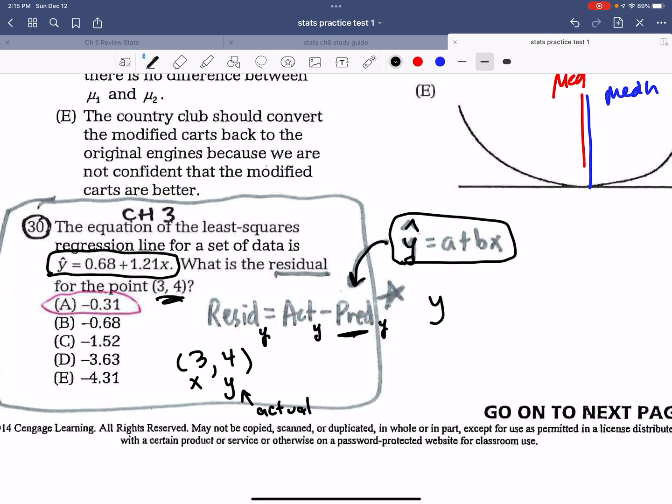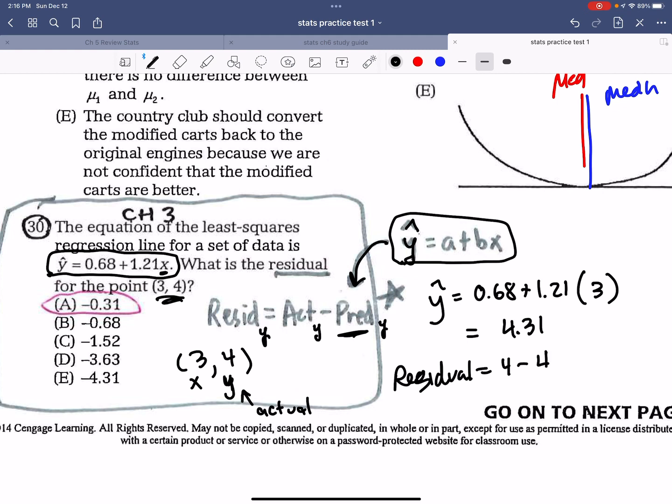And so if we use this, we can solve. Our X value here is 3. So if we plug in 3, we end up getting 4.31. So again, the residual formula says my residual is equal to my actual Y value, which is 4, minus my predicted, which is what I get from plugging into the equation.